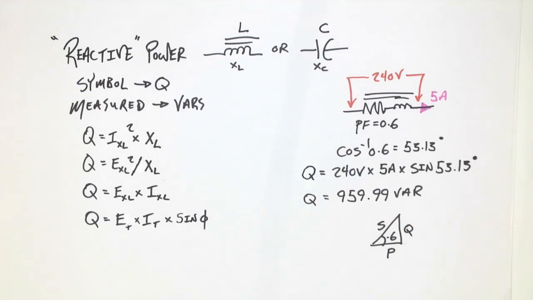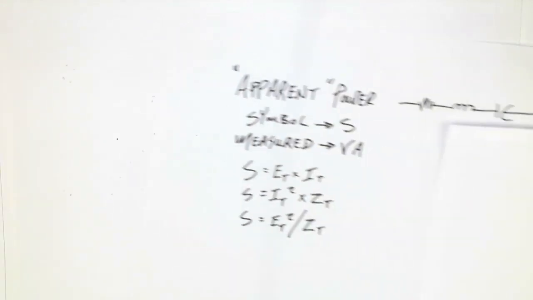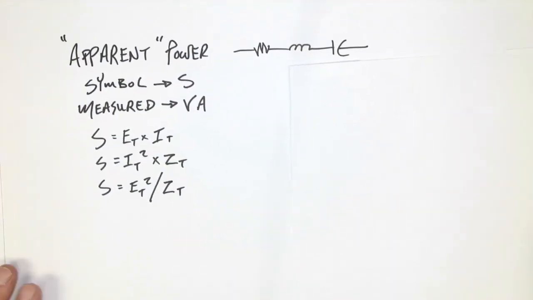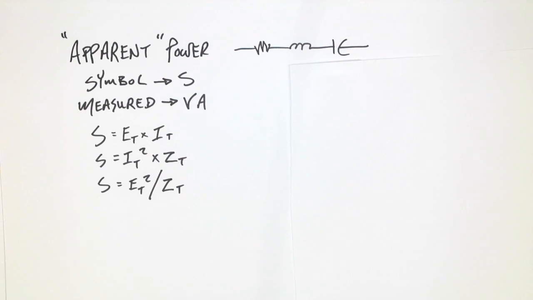Now let's take a look at the final type of power that we have, and this one is apparent power. Apparent power is the combination of all of those previous two types of power: capacitive VARs, inductive VARs, and resistive watts.